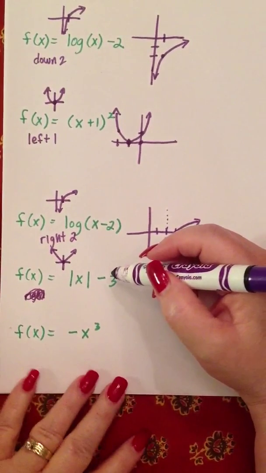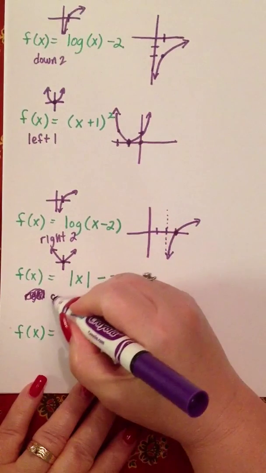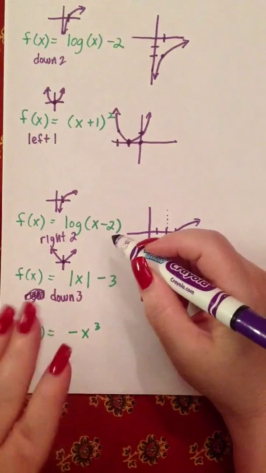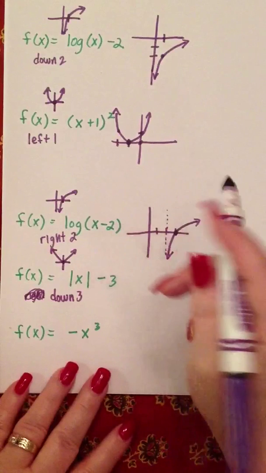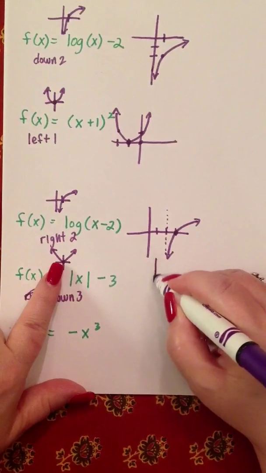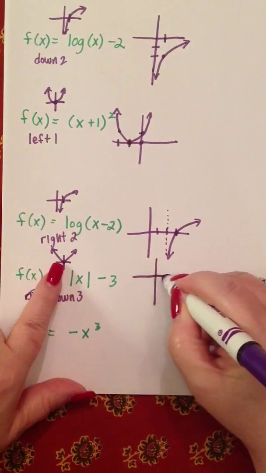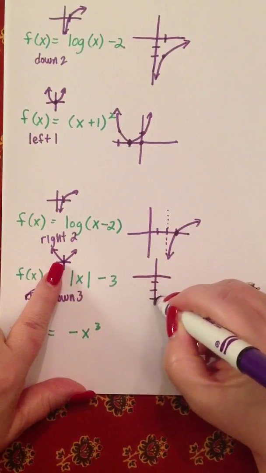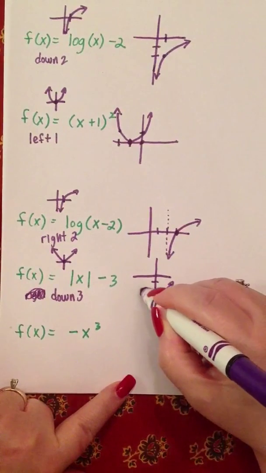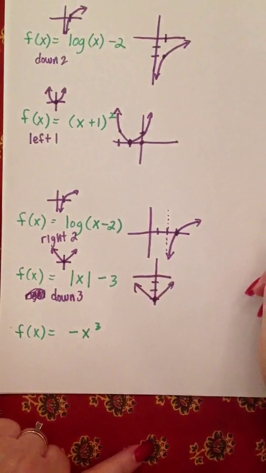It's going to be a vertical shift down 3. If it's not in the parentheses, then it's a vertical shift, and you do exactly what it said. So down 3. So that's what my normal absolute value function looks like. And this time I have to shift it down 3. 1, 2, 3. So it's going to go through there, and then we can sketch the picture of it.